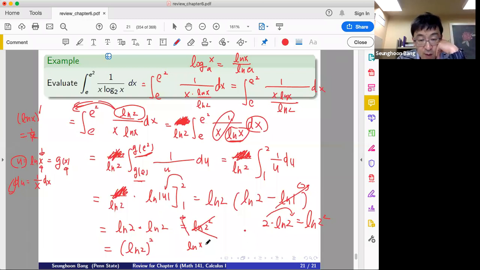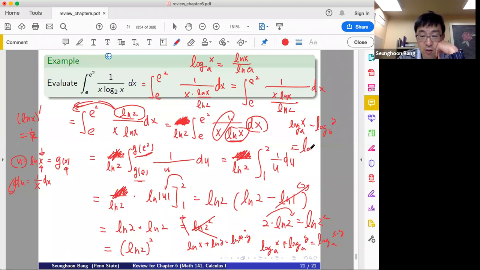The ln of x plus ln of y equals ln of x times y. The same for the general log function: log x with base a plus log y with base a is the same as log of x times y with base a. Here, log x with base a minus log y with base a is log of x over y with base a.